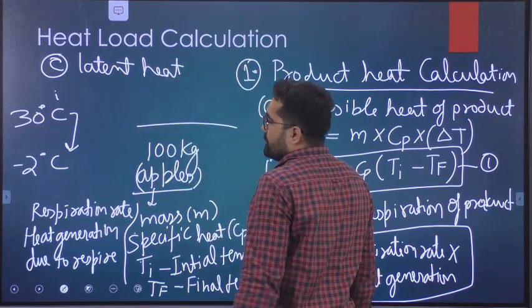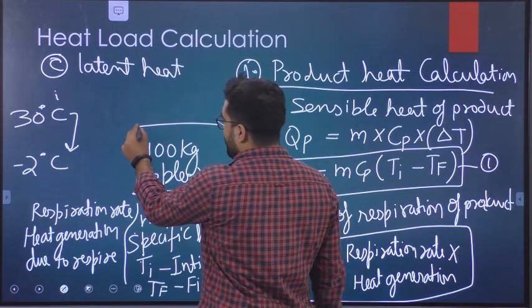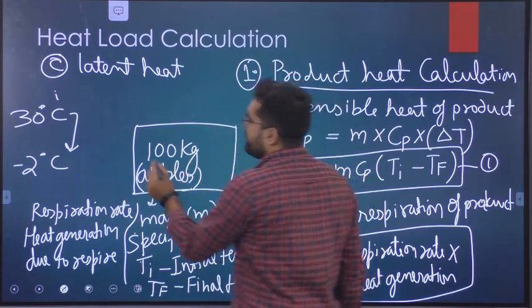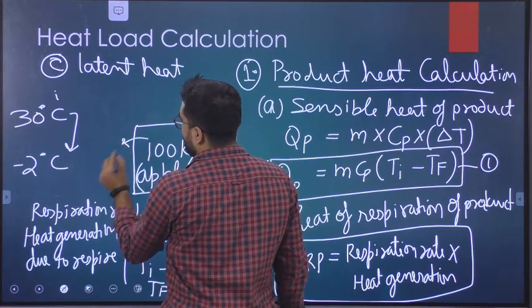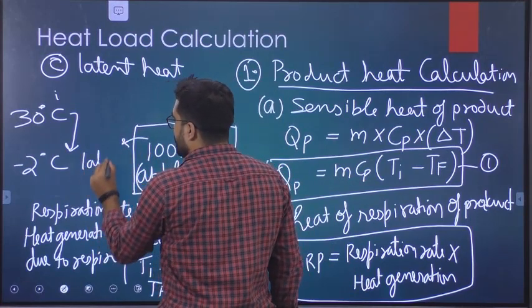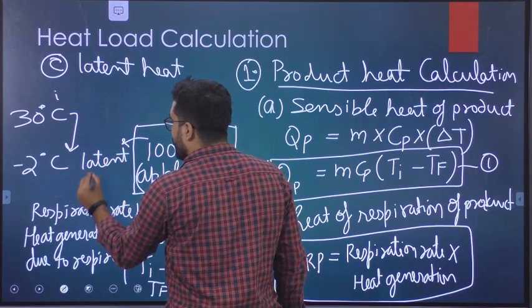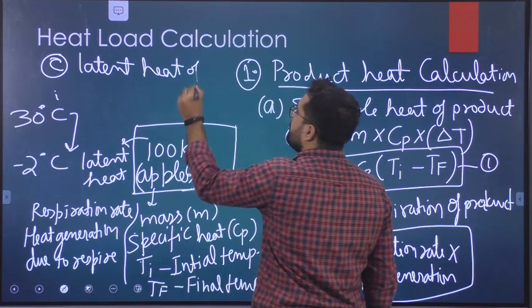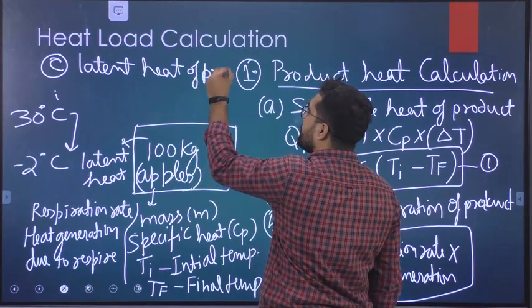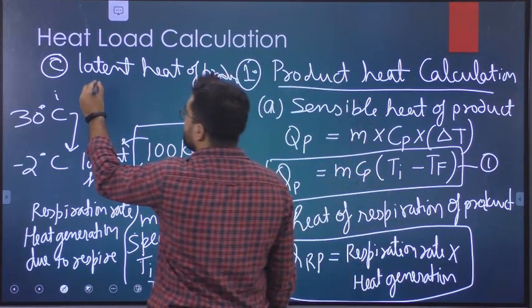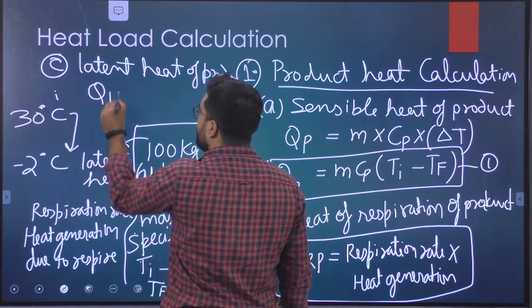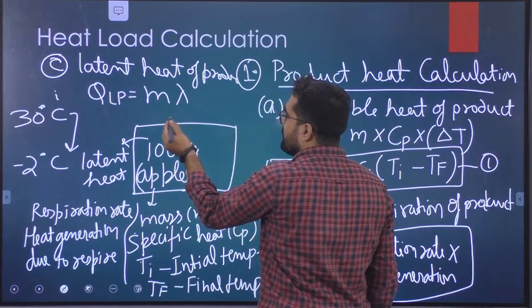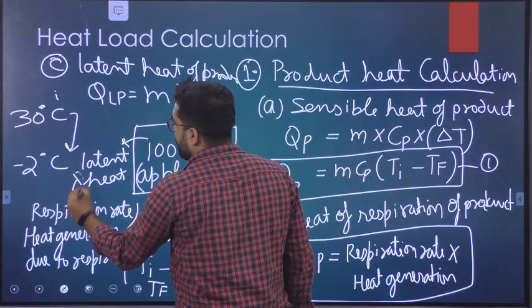For latent heat, again we are having apples only. So the total latent heat of the produce, let us make it QLP, equals m into lambda, where lambda is nothing but latent heat.